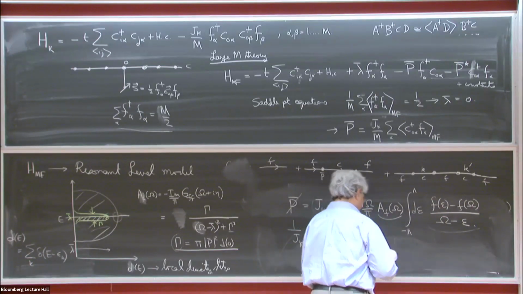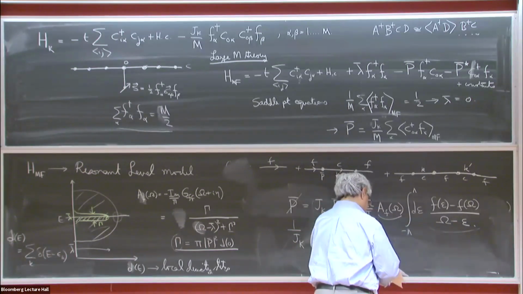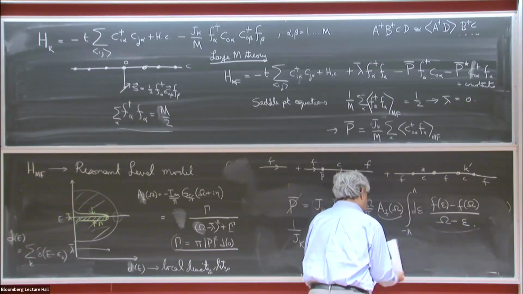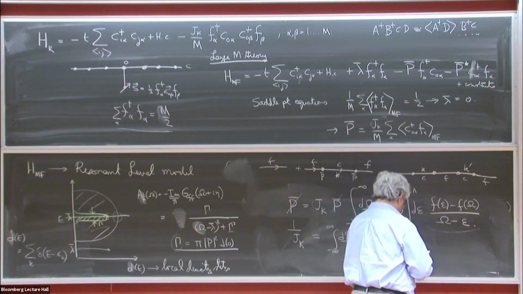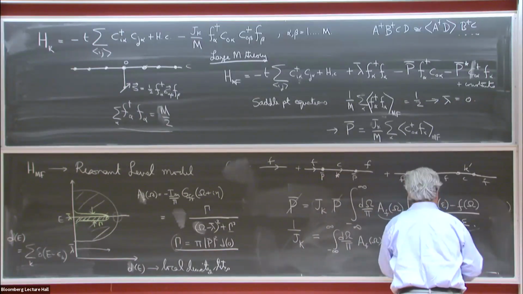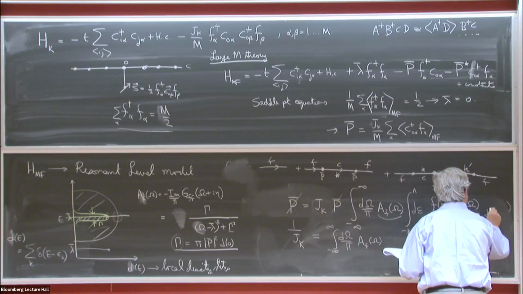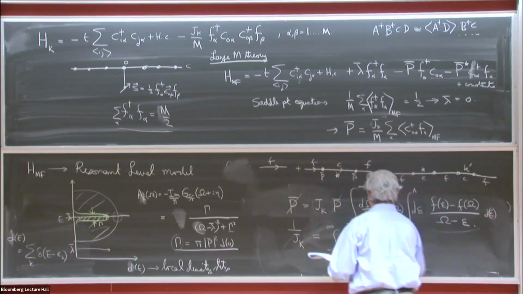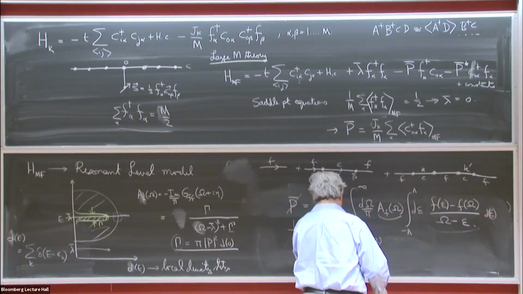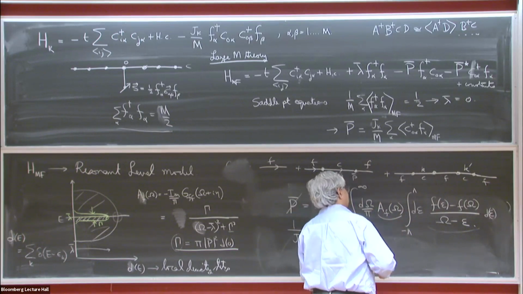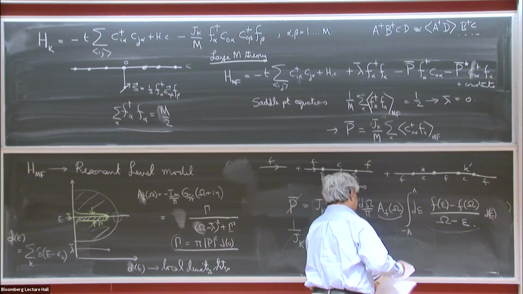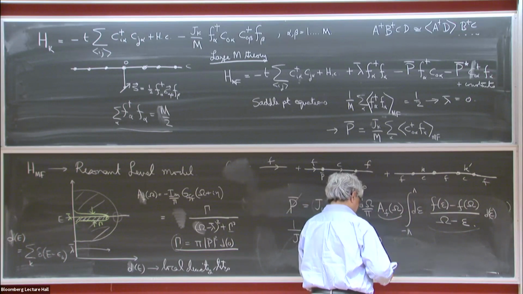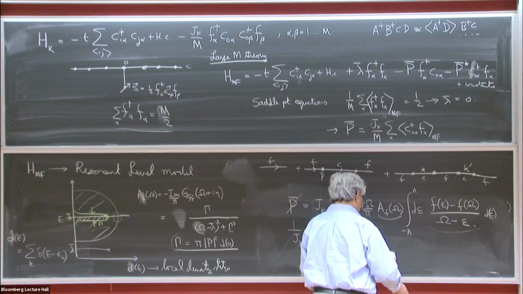Oops, I forgot a factor of the density of states. It doesn't involve P bar. The P bar is only in here. And that turns out to have a log divergence, which is the key to everything at 0 temperature.